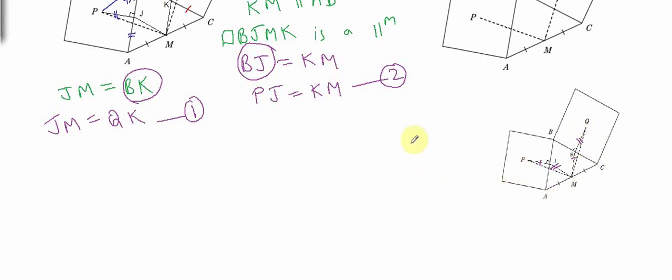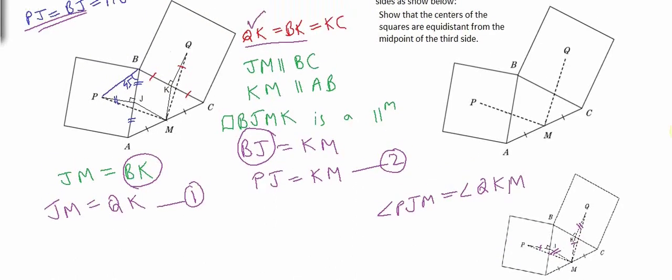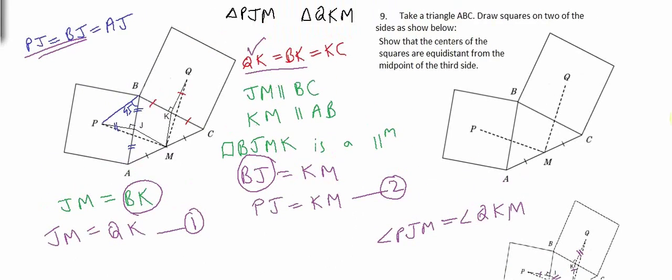So if we show that angle PJM is equal to angle QKM, then these two triangles will be congruent by SAS test, side angle side. So how is PJM equal to QKM? And the answer is yes.